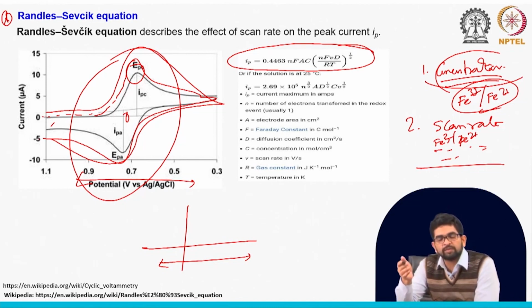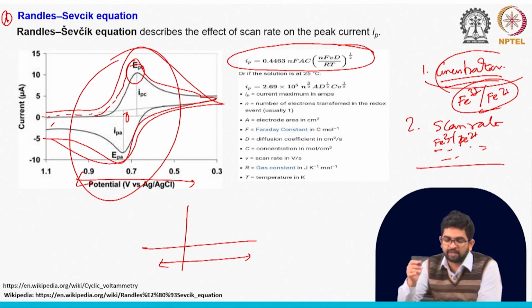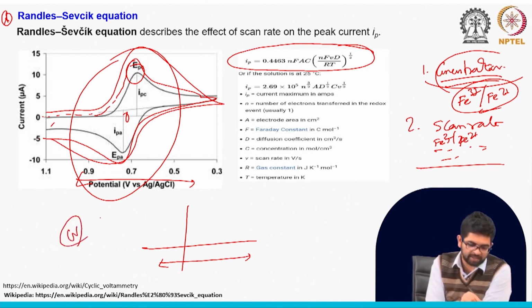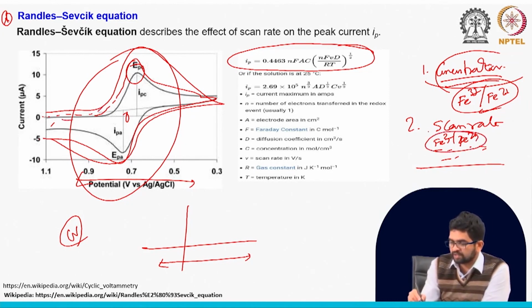I will show you during our laboratory demonstration, in the instrument that is called a potentiostat. In this instrument, if you apply a slow scan rate to a high scan rate during the cyclic voltammetry measurement, at a high scan rate your current also will be increased, because your species can move very fast towards the surface.